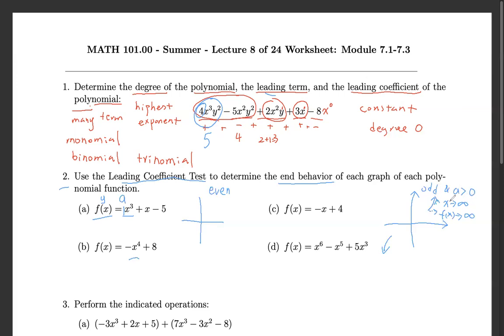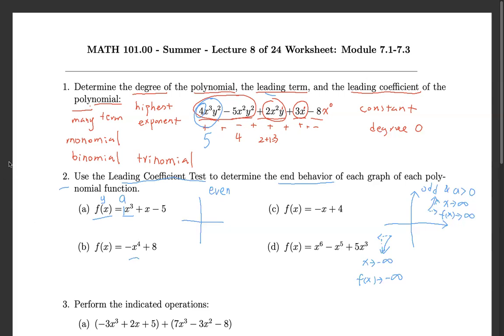And on the third quadrant, the x value goes to negative infinity, and the function value also goes to negative infinity, right? So that's the end behavior for odd degree and positive leading coefficient.